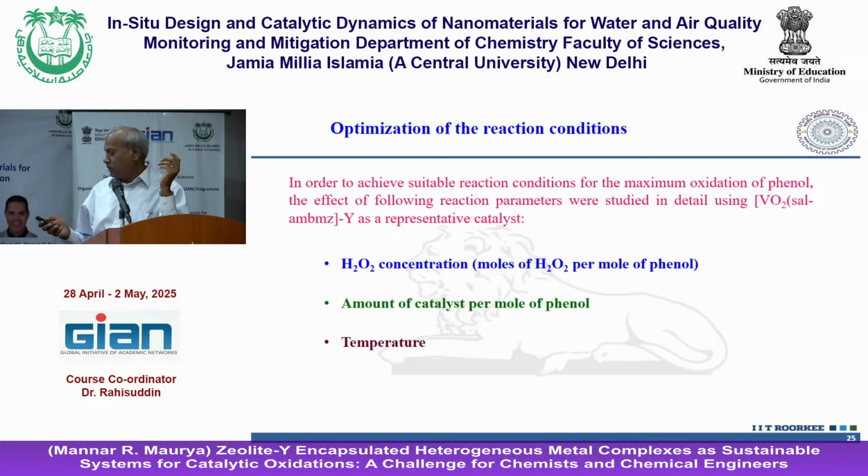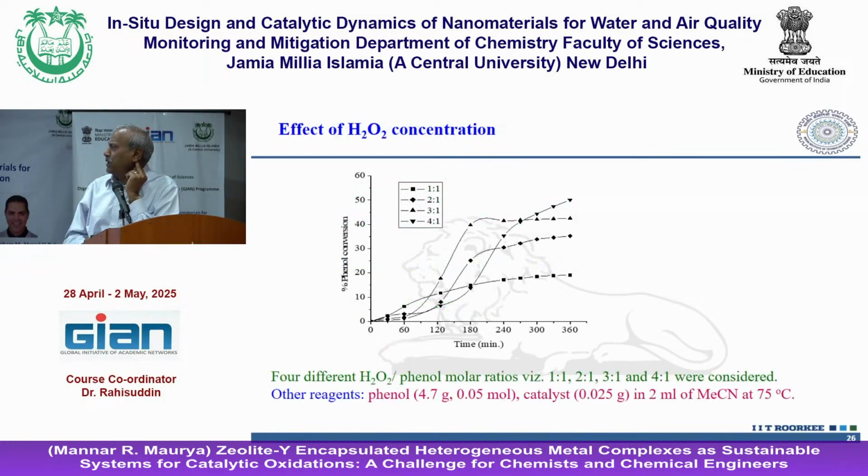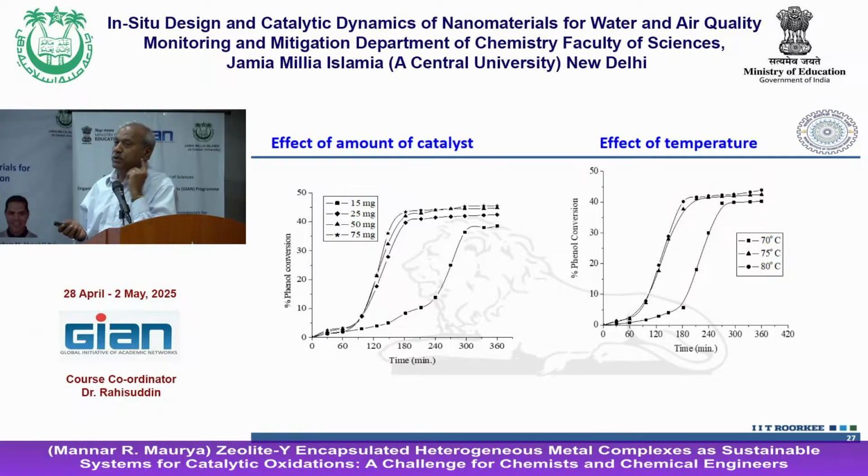So all optimization has been done one by one, and then after the optimized condition, we have these four different plots. This is related to H2O2 concentration. So you will see that the best result comes at a certain condition. Then we have amount of catalyst, effect of temperature.